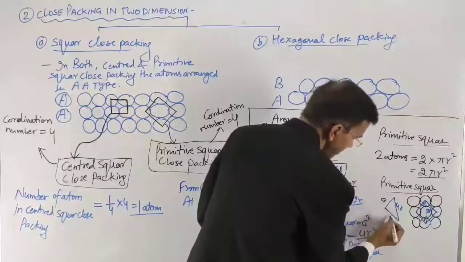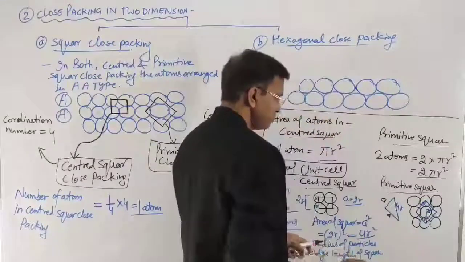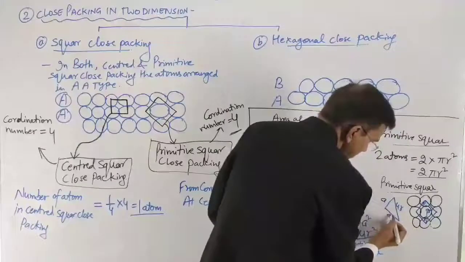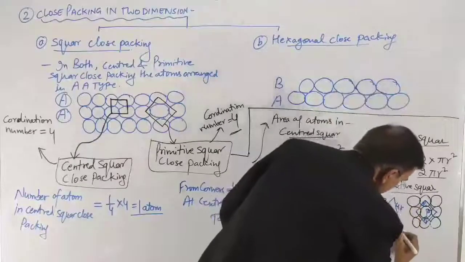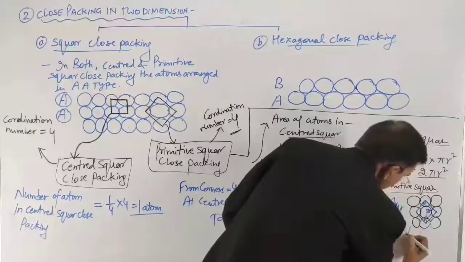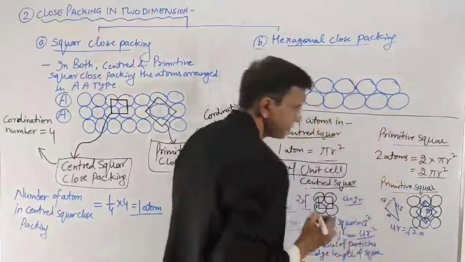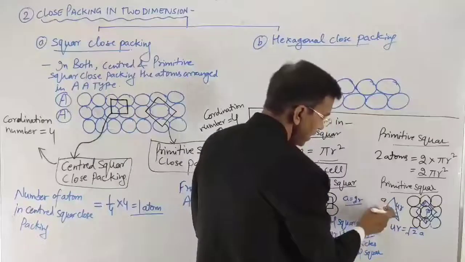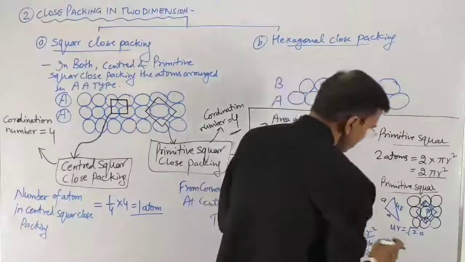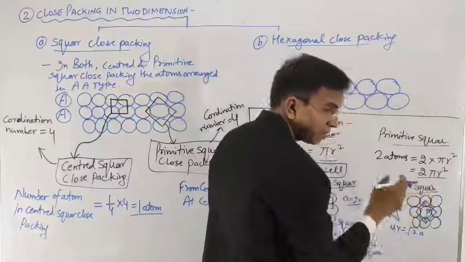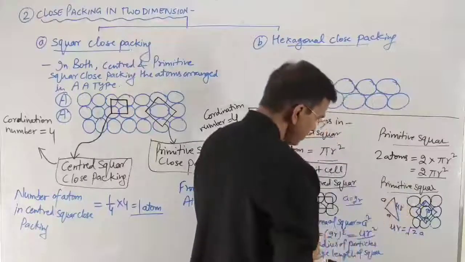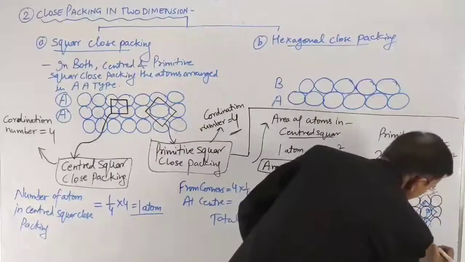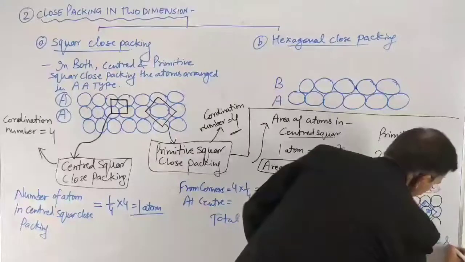So you have to calculate the edge length. This is a, this is a, this will be root 2a. So 4r is equal to root 2a, right? This is Pythagoras, because there is a 90 degree angle in the square. So here a is equal to 2 root 2 r.